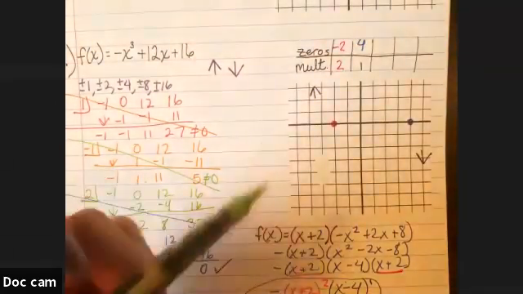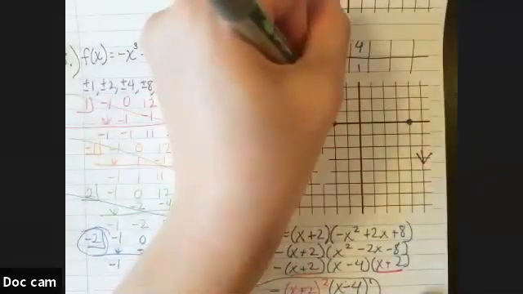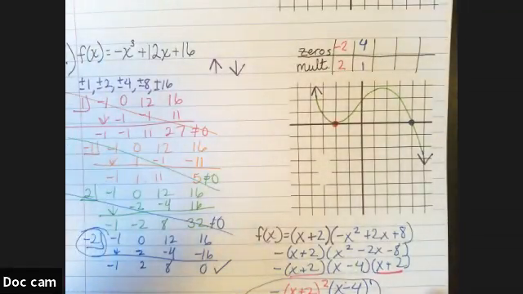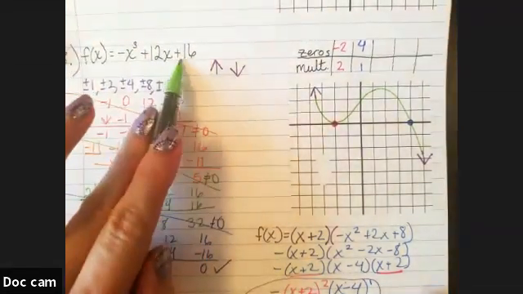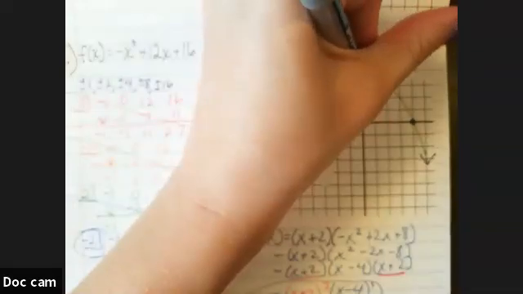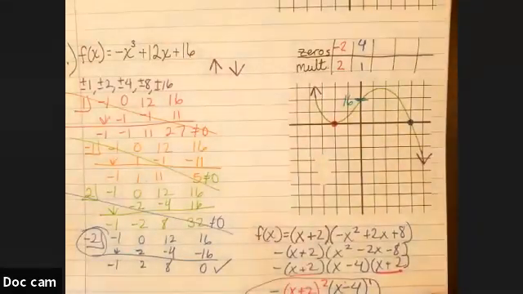Okay, so since that's a multiplicity of 2, it bounces off like that, and then that's a multiplicity of 1, so it goes straight through. Technically, my y-intercept should be 16. It's not really to scale properly, but let's just say that that's positive 16. Ta-da.